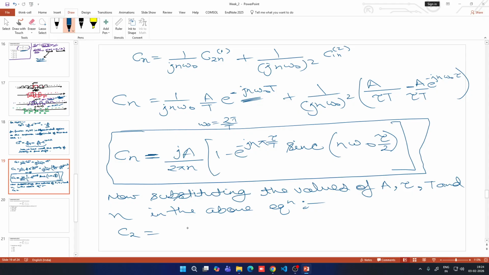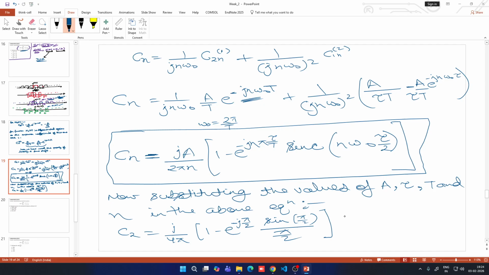So it's going to be j by 4 pi into 1 minus e to the power minus j pi by 2, sin pi by 2 divided by pi by 2, because sinc x is basically sin x by x.